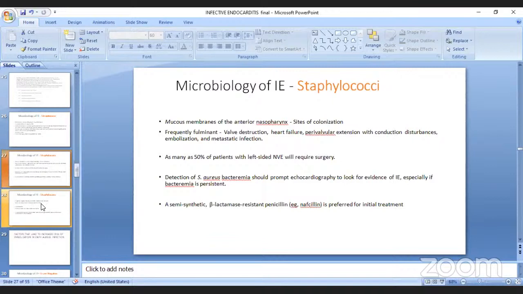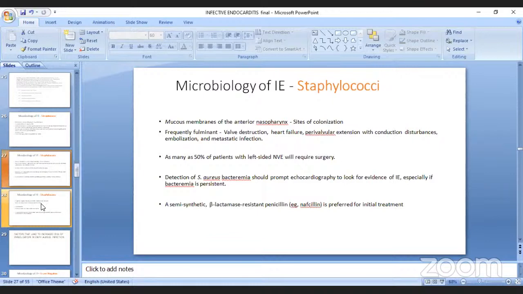Now, what does this line mean? It means that if the patient has all the symptoms of infective endocarditis, and you do a blood culture and find Staph aureus, and you do a transthoracic echocardiography and don't find anything, but you have a positive organism like staphylococci, always go for a transesophageal echocardiography.